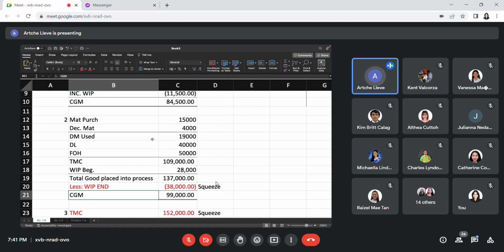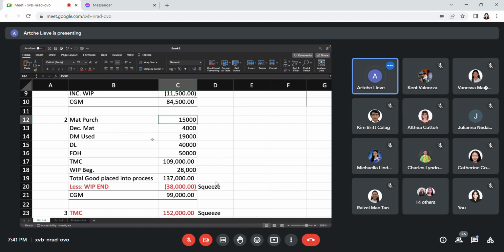The problem here is that we are to look for this one, work in process end. So in normal methods, if you have already gone through Practical Accounting 1 with Valex, he used this type of method, the squeeze method.